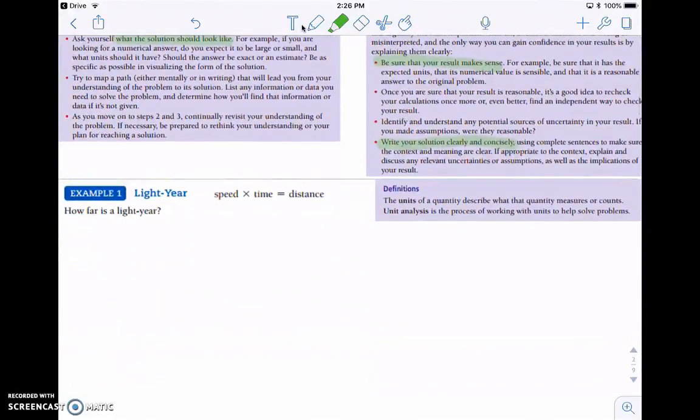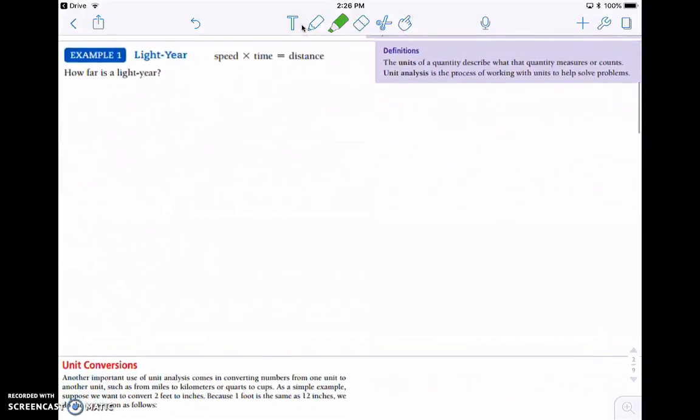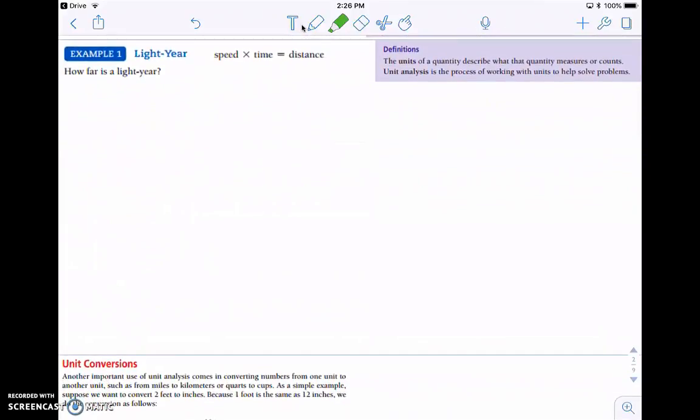So now we're going to step down, and this idea of understand, solve, and explain, that's what we're going to be doing kind of in the background today. But again, we're going to really be focusing in on this idea of unit analysis. Okay, but first, this concept of a unit. The units of a quantity describe what the quantity measures or counts.